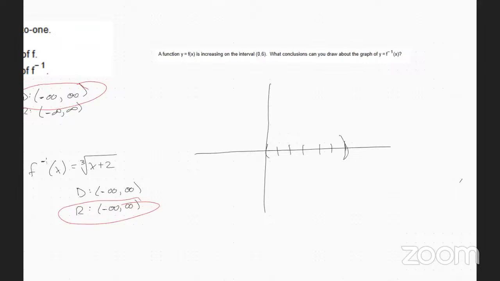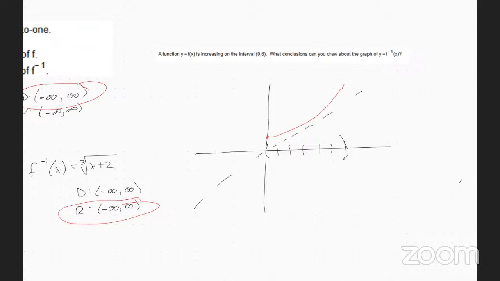Let's say it's doing something like this. And it says, what can you conclude about the inverse? Well, the inverse would be flipped over the line y equals x. So there's the line y equals x. I'll use green for this one.